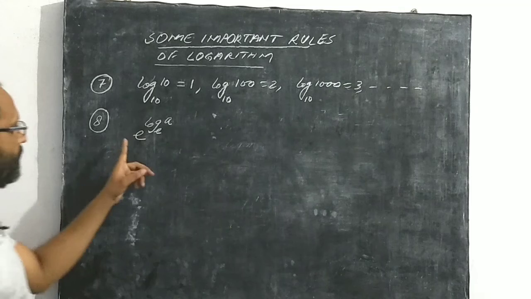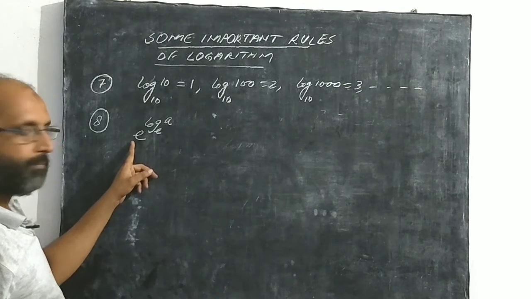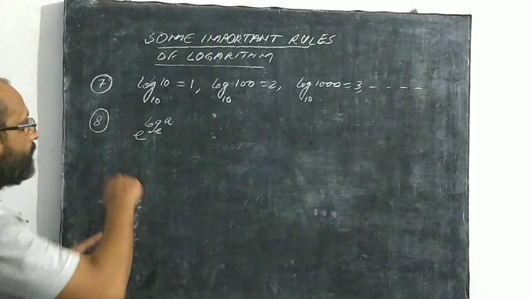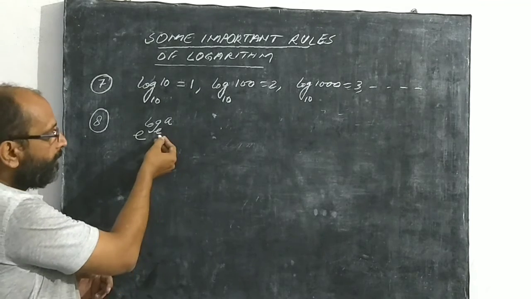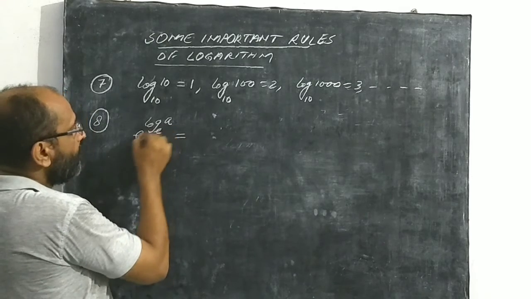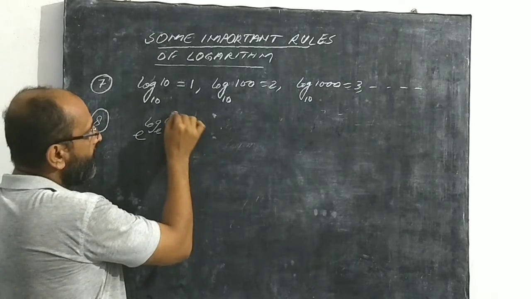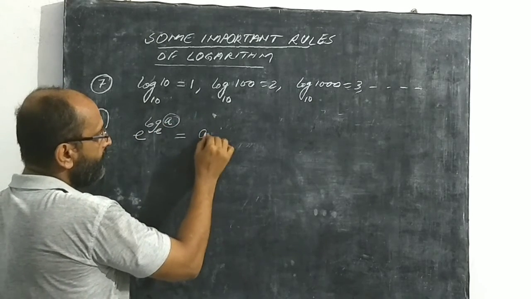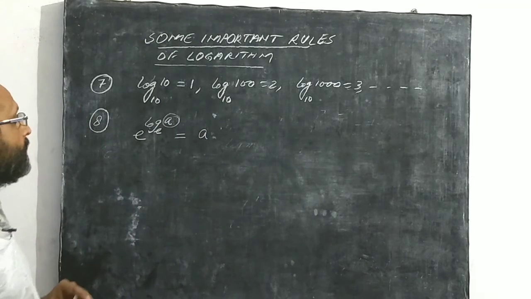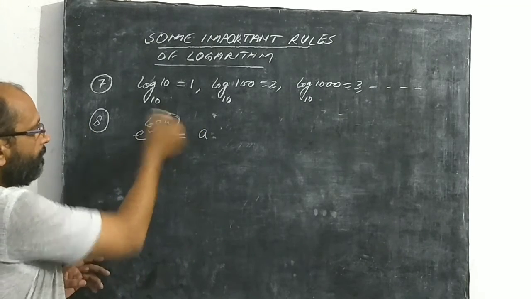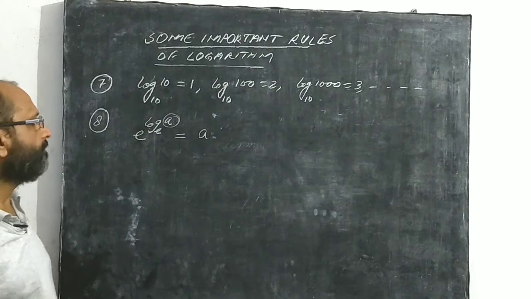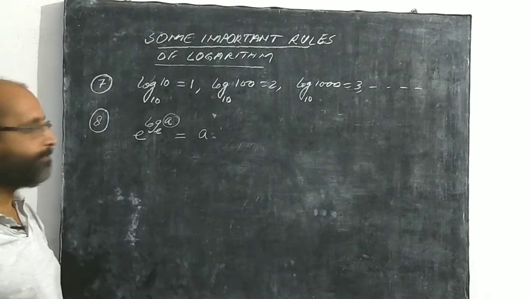If there is an exponential form as e raised to the power log, where the log is in the exponent of e and has the base e, then these two eliminate each other. Only the number whose log is given in the exponent is left. So e raised to the power log a base e is equal to a. This is extremely important but very rarely used in maths.